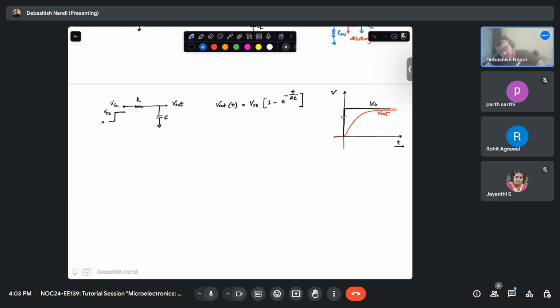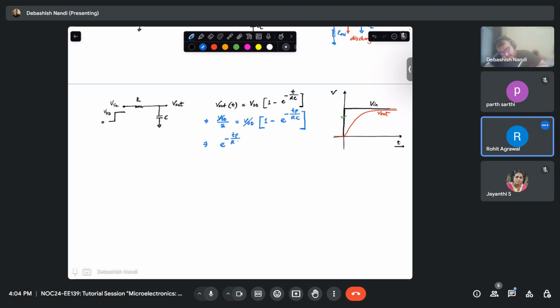So to find out TP, what should we do? We just simply have to put this equal to VDD by 2 and replace T by TP. So what does it give? E to the power minus. So this cancels.